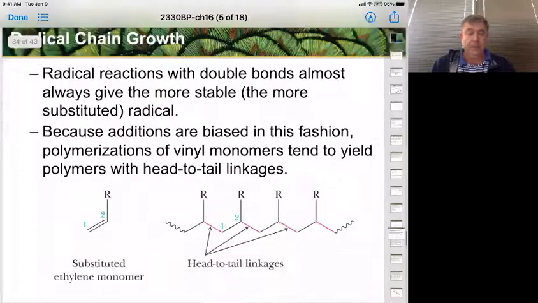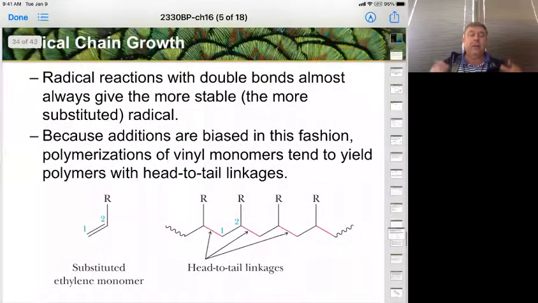Okay, so within that radical growth mechanism, we can find that there are certain biases as to how it's going to react. Any of these radical reactions that start with double bonds almost always give a more stable, more substituted radical. Radicals are like carbocations. The more substituted they are, the more stable they are.